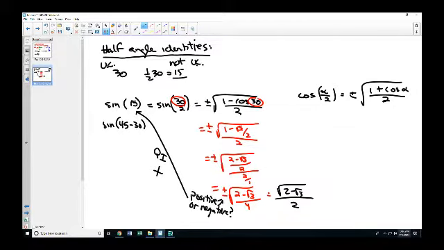One's in black and one's in red. One has all those additions. That's the only difference, so don't mix the two up. The sine half angle identity does use cosine in it. The cosine half angle identity also uses cosine in it.